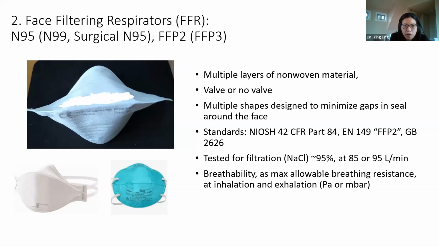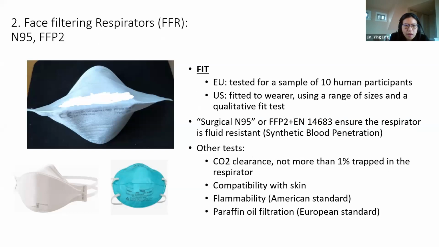Another very important part of a respirator is its fit. In the EU, masks will be tested with 10 human participants. They have various facial dimensions, and they go through exercises in a box, and then the challenge is floating around them in the box, and there's a sensor inside that looks at whether any of the external particles are filtering in.